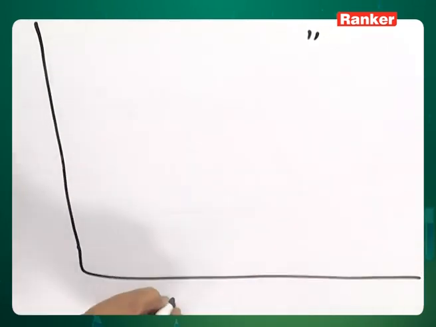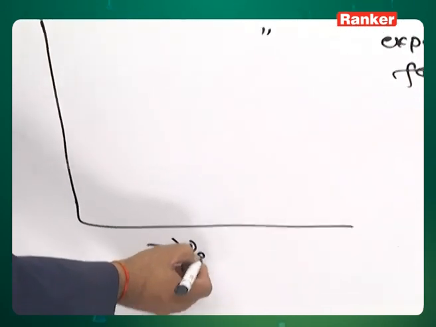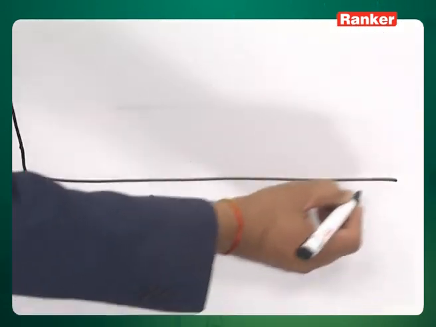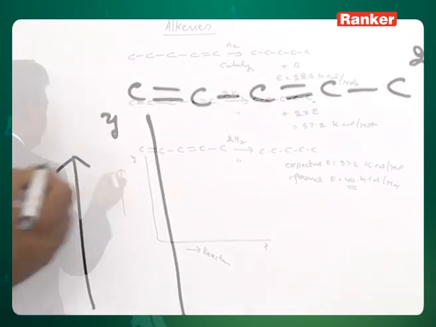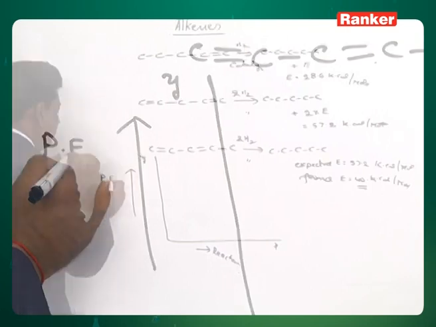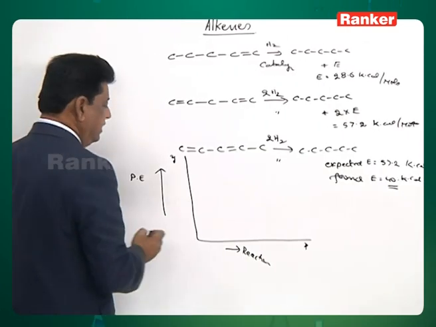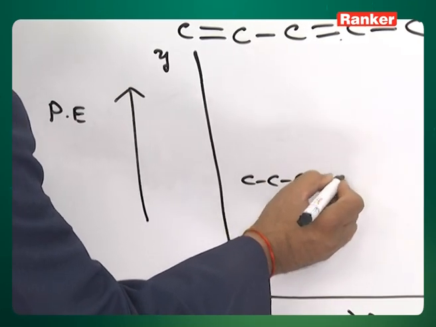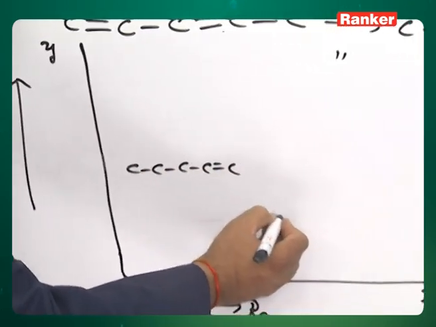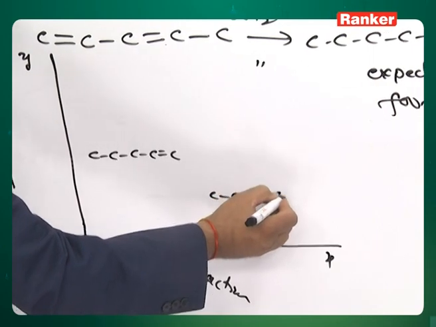On one side, let us show the reaction progress on the x axis, and on the y axis the potential energy increase. Alkenes are always higher energy. So, let us take a pentene and a reaction; after the reaction you get pentane.